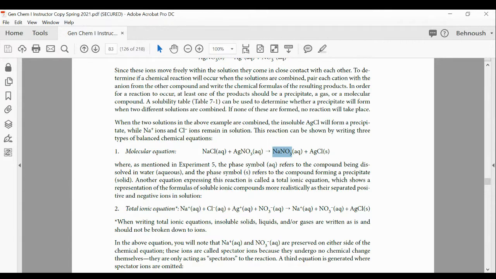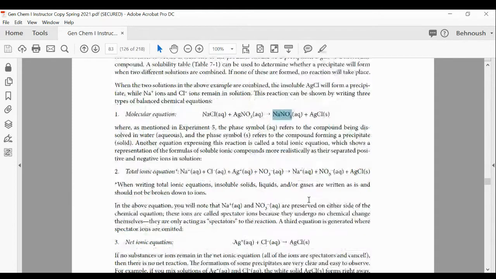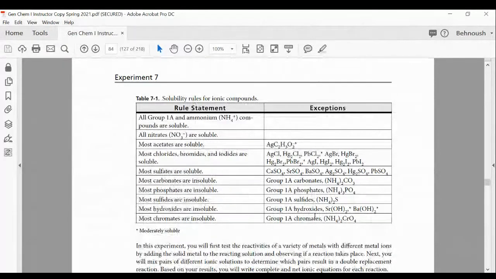Is there another hint or another rule that would make sodium nitrate a soluble compound? What else? There's actually a double rule there for sodium nitrate. If you have not memorized the table, I'm going to bring the table again. Which rule would tell us that sodium nitrate is soluble? The first one says all sodium compounds are soluble.